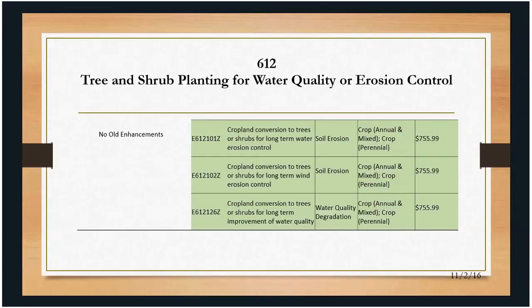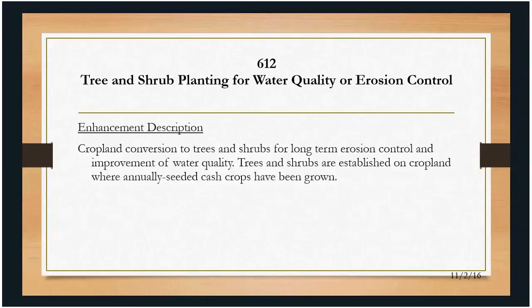And you do it for 3 different purposes: wind erosion, water erosion, or water quality. These enhancements all pay $755 an acre and are only applicable to cropland, either annual or perennial.